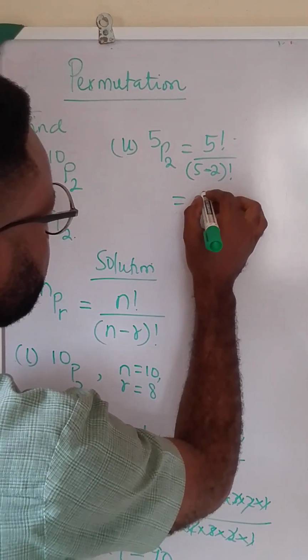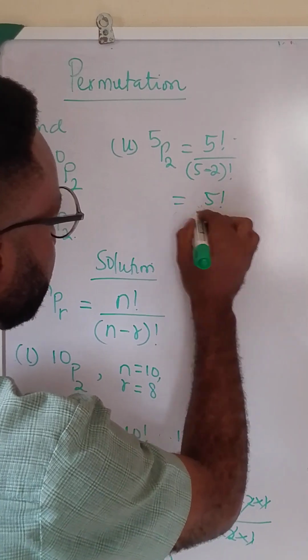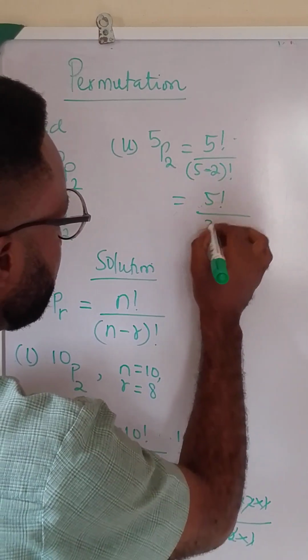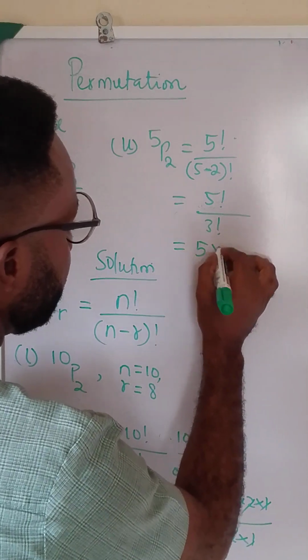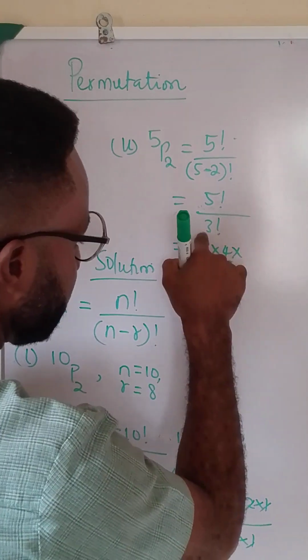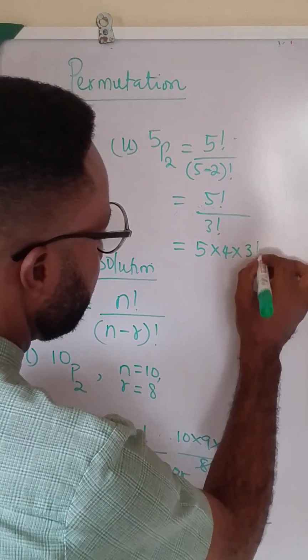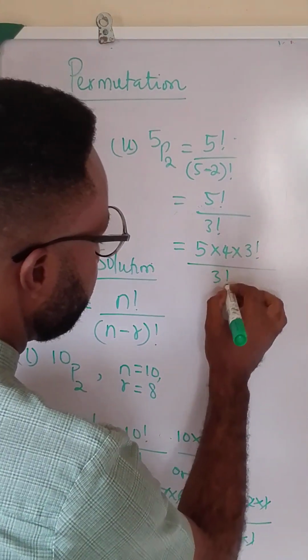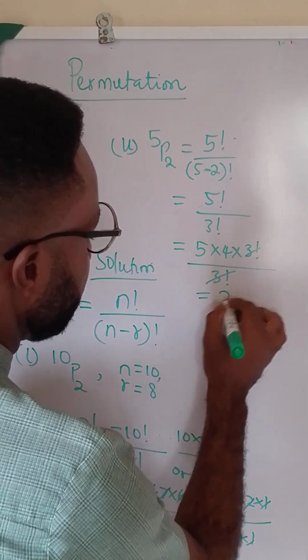This is the same thing as saying 5 times 4 times 3 factorial, divided by 3 factorial. Since we have 3 factorial in the denominator, the 3 factorial will cancel out. And so our answer becomes 20.